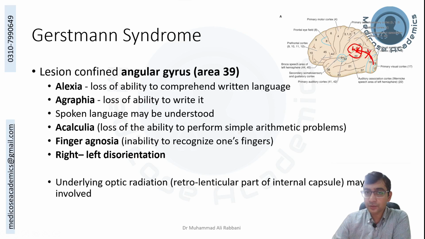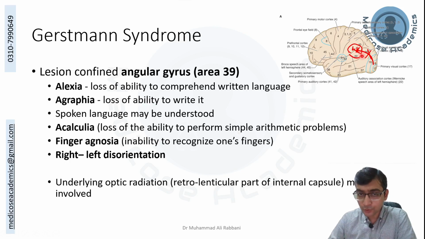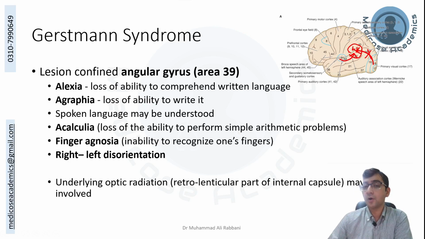So when that is damaged, the person is unable to read because he is unable to comprehend the language. He can still see, he can trace the letters, but he cannot understand what is written. He loses his ability to write, but his spoken speech understanding remains okay because it is coming from an altogether different pathway. Again, we will see.